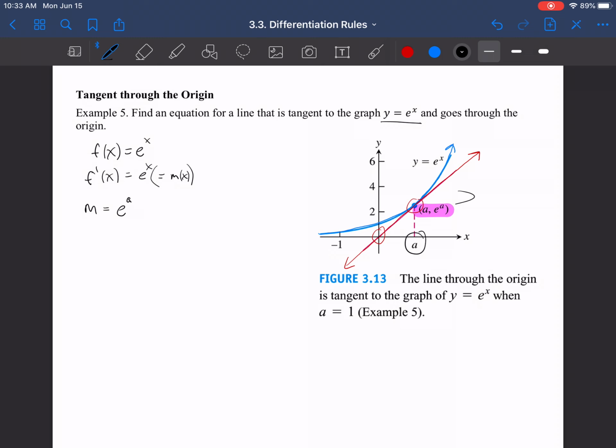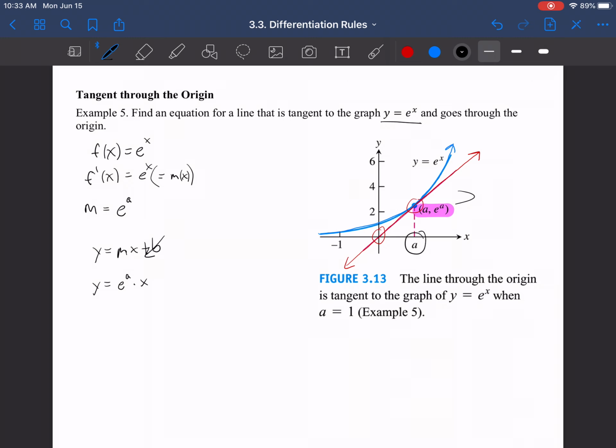Now, using that, we know y equals mx plus b is the equation for a line. We know this is going through the origin, so the y-intercept is 0, so we just need y equals m times x. And we know that m is just e to the a. So our function must be e to the a times x.